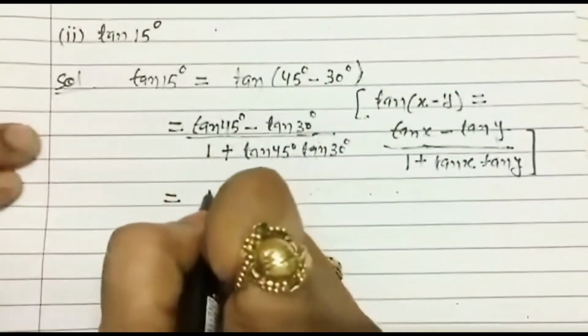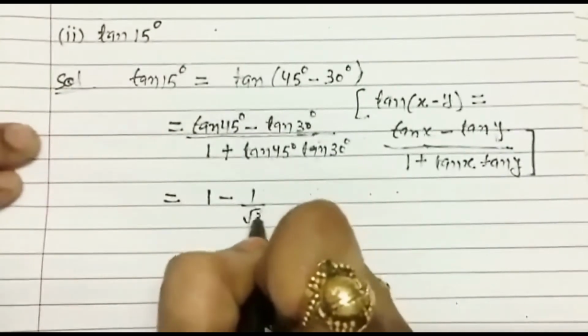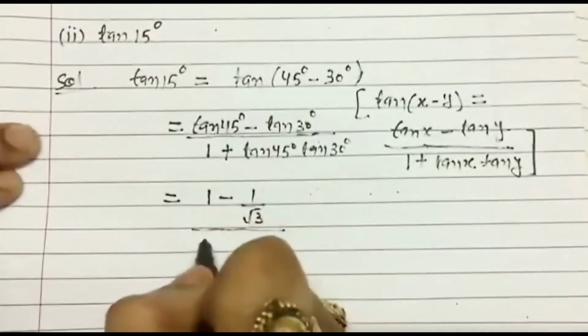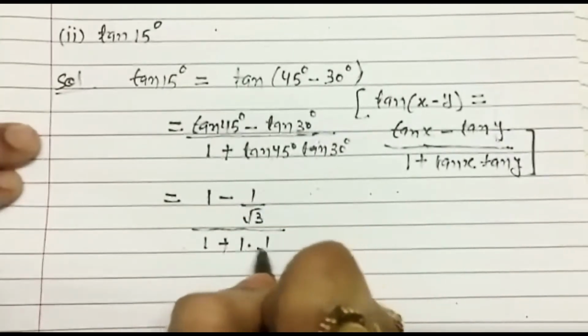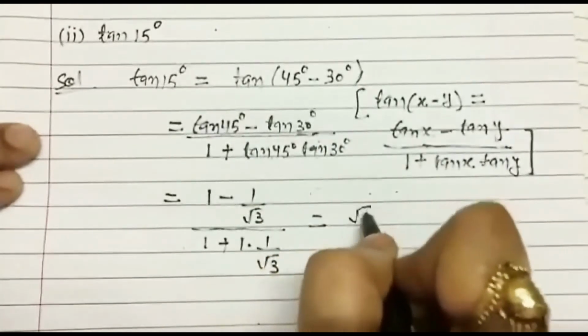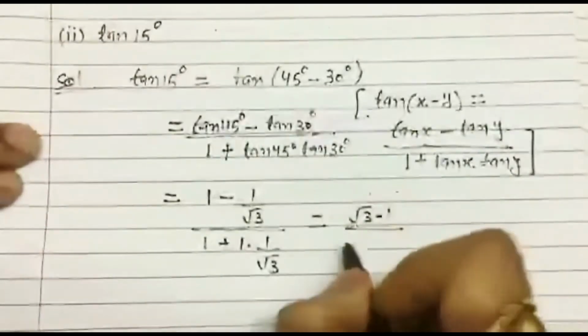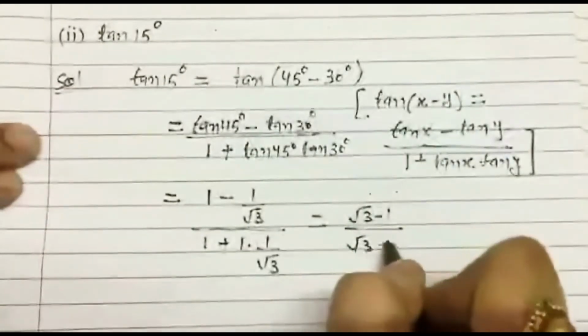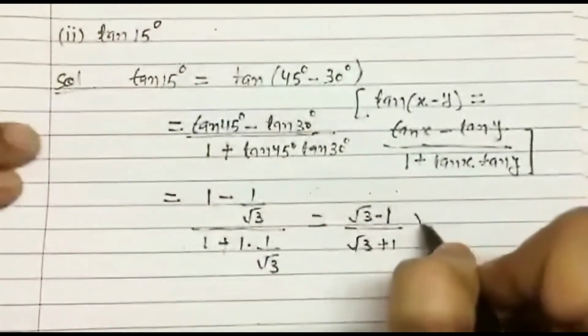Tan 45 is 1, minus tan 30 which is 1 by root 3, and here 1 plus tan 45 which is 1, and tan 30 which is 1 by root 3. Take LCM, you will get root 3 minus 1, and here root 3 plus 1. Now rationalize it.